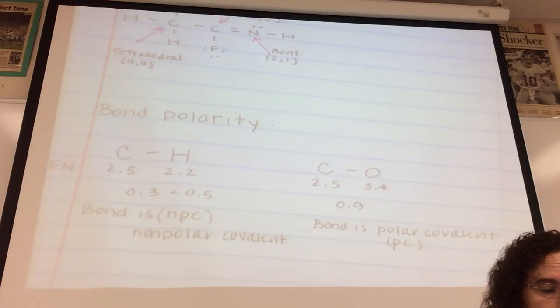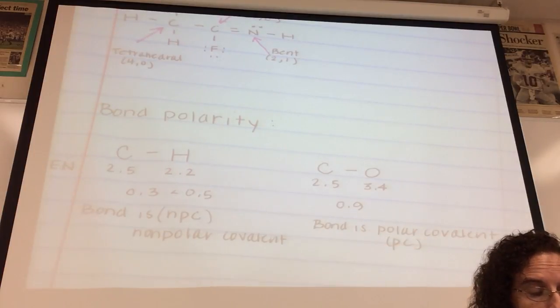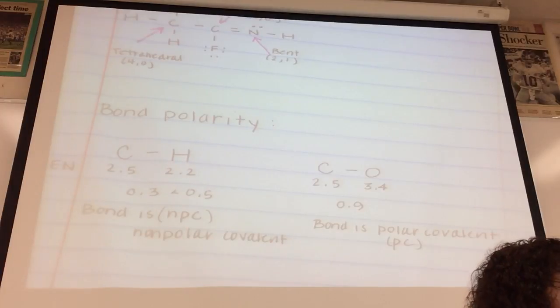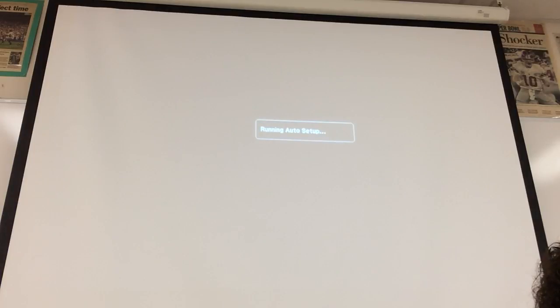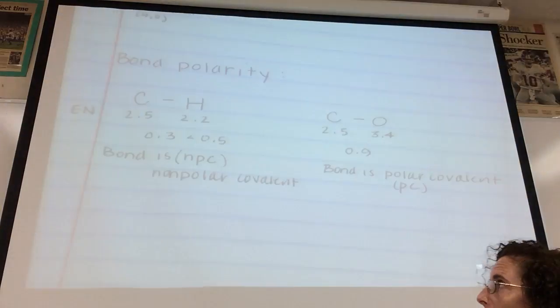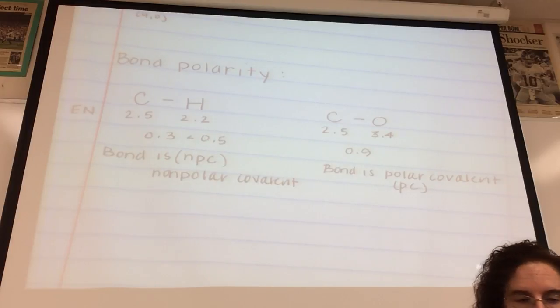So we're going to look at the polarity of the compound using bond polarity as well as shape. And that's what we're going to look at here. I have to flip back, hang on. And the bond polarity stuff, you already have it in your notes. That would have been from our very first lesson in this chapter.